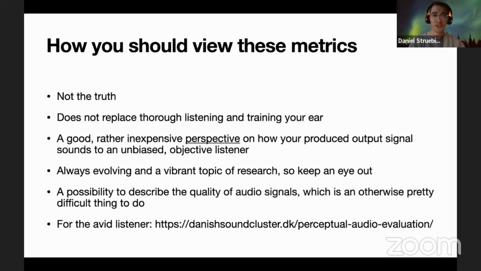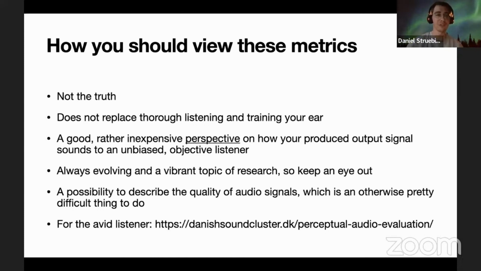So how should you view these metrics, right? There's a certain sense of perspective that I would like to provide here. It might be easy to get complacent and to say, okay, what the metric is saying is what the metric is saying, and that's the ground truth of everything.